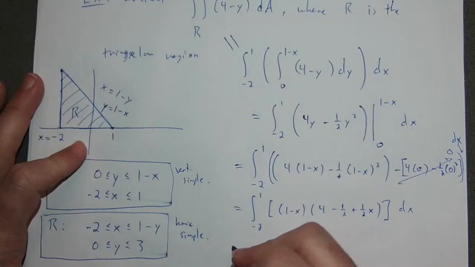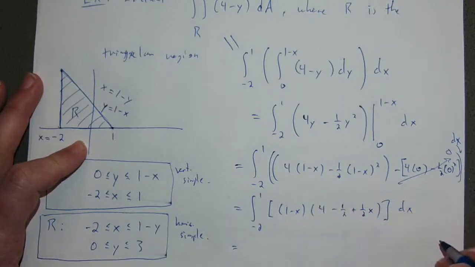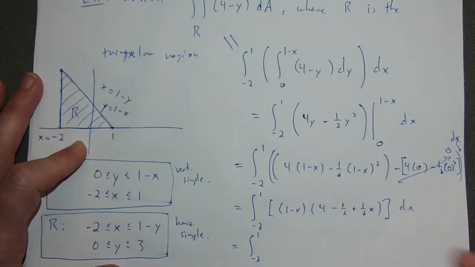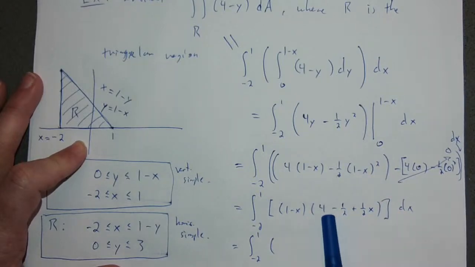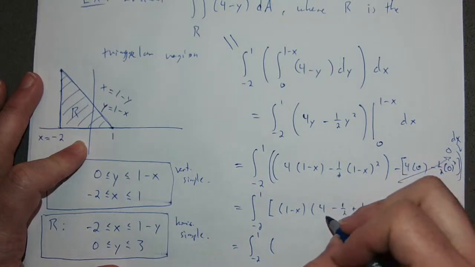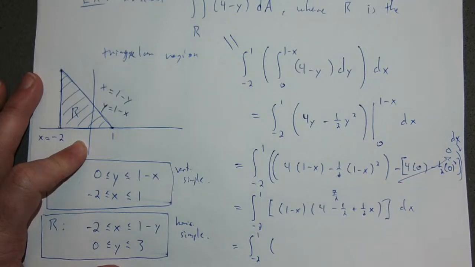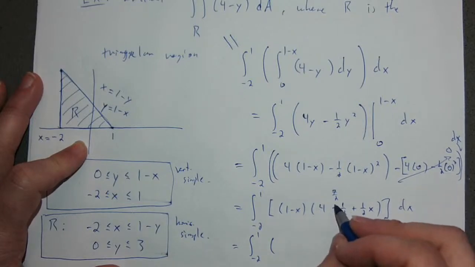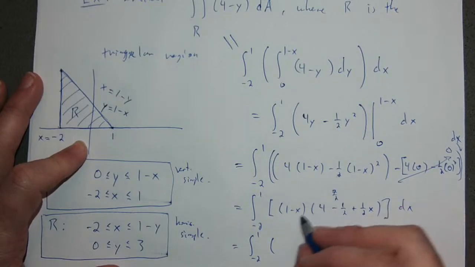All right. And so, what do I get here if I expand this? This is the integral from minus 2 to 1 of the expression I get. So 4 minus 1 half is 7 halves. So I can pull a 1 half out and turn this into 7 plus x, and do it that way.